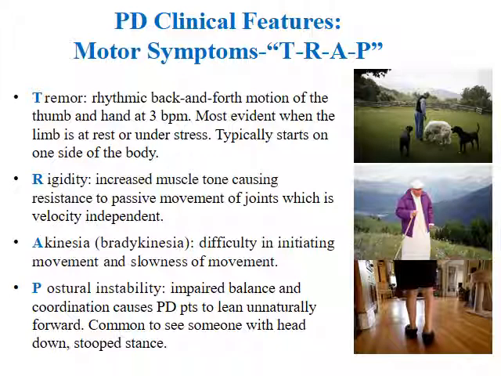R stands for rigidity. We talked about it earlier. It's an increased muscle tone causing resistance to passive movement of joints, which is velocity independent. That means no matter how fast you move the joint, you will feel the rigidity. This is to differentiate from spasticity, which is another neurologic condition that can cause increased muscle tone.